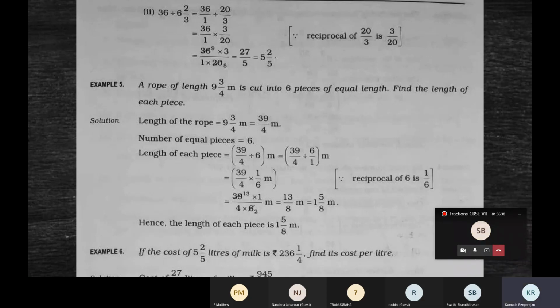Is it over, children? What is the improper form of 236 1/4? 236 1/4 as an improper fraction is what?